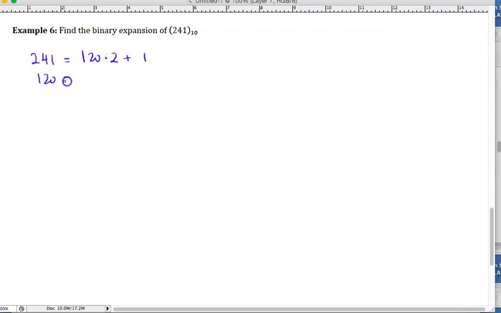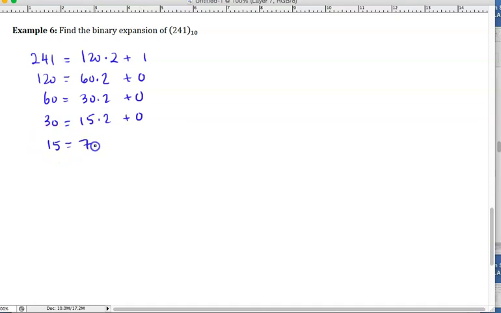And 120 divided by 2 is 60. 60 times 2, the remainder of 0. Then 60 is 30 times 2 with the remainder of 0. 30 is 15 times 2 with the remainder of 0.